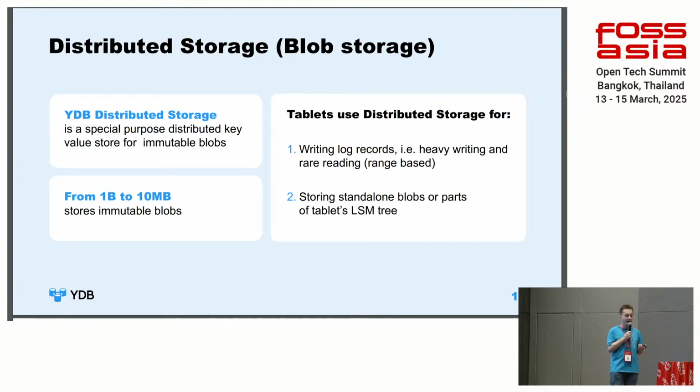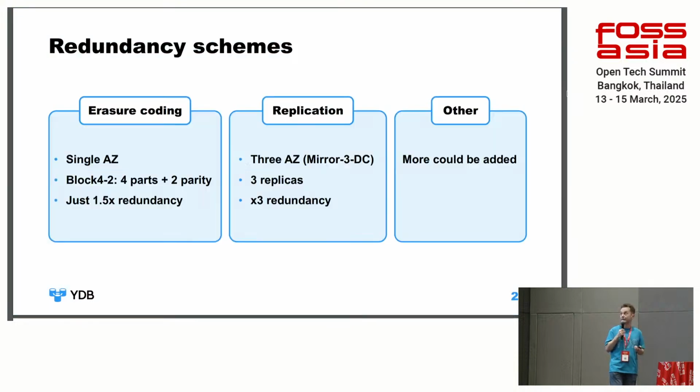And blobs are from 1 byte to 10 megabytes. But it's transparent to users. It's automatically cut into pieces. So distributed storage is dramatically optimized for log records, because sometimes, especially in OLTP, you have a lot of transactions and they write data, and each transaction has to write data to be actually serializable.